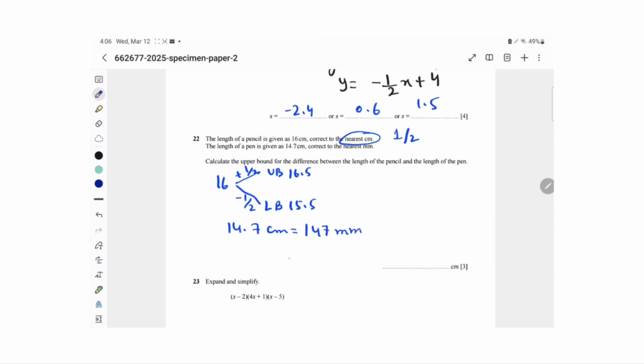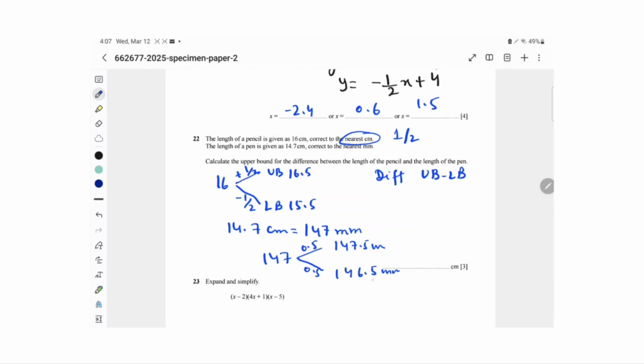14.7 centimeters is equal to 147 millimeters. 147 to nearest millimeter means again you add and subtract 0.5 to get the upper and lower bound. So 147.5 millimeter and 146.5 millimeters. In this question, the difference will be the upper bound minus the lower bound. So 16.5 minus the lower bound 146.5.